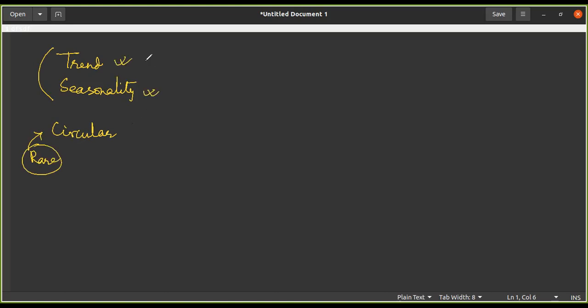So what are the examples of trend? Trend can be a straight line or a stagnant trend. For example, I'm using any toothpaste. Obviously, there will be an increase of the sales with respect to the population of the country, so the trend will not exactly be stagnant.